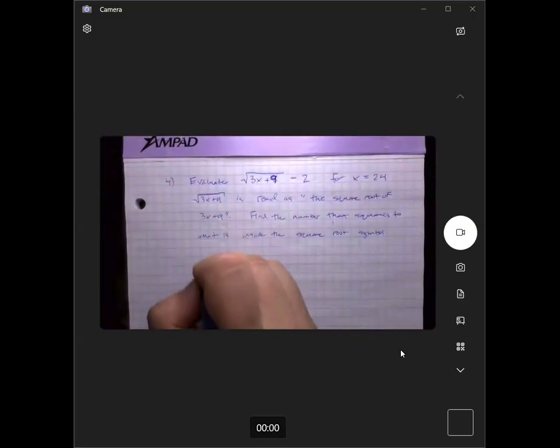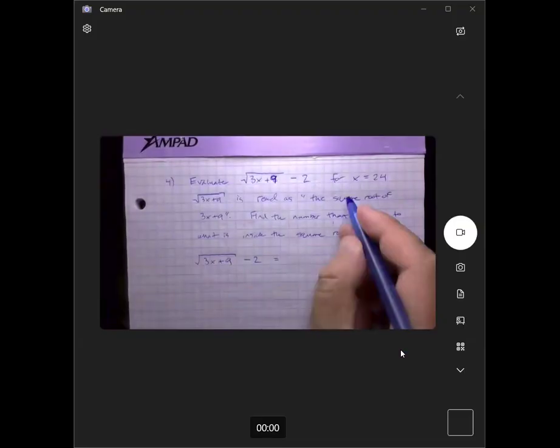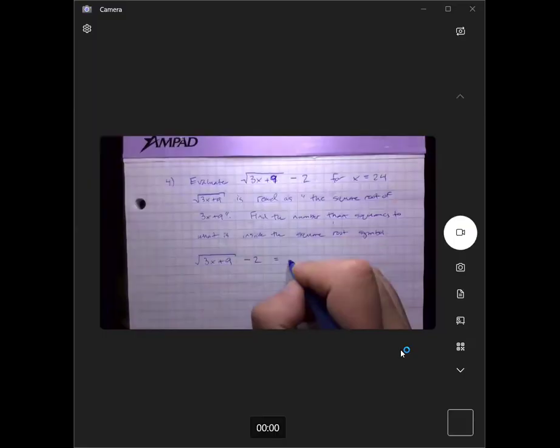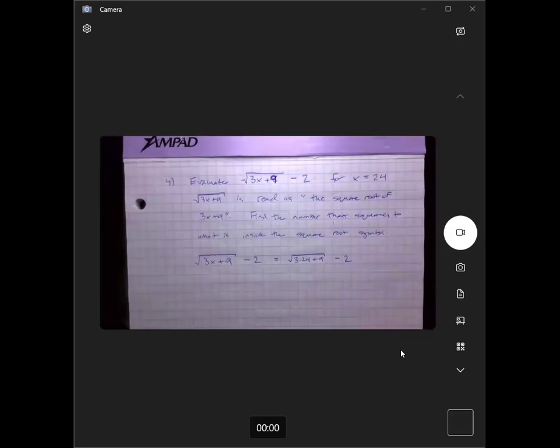So we have the square root of 3x plus 9, and then subtract 2, and we're going to plug in 24. So that's the square root of 3 times 24 plus 9, and then we subtract 2. The square root operates kind of like a parentheses, so we always do what's inside the square root before we add or subtract from it.